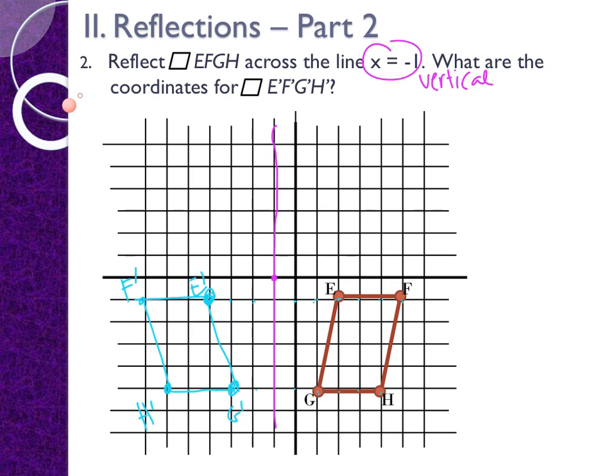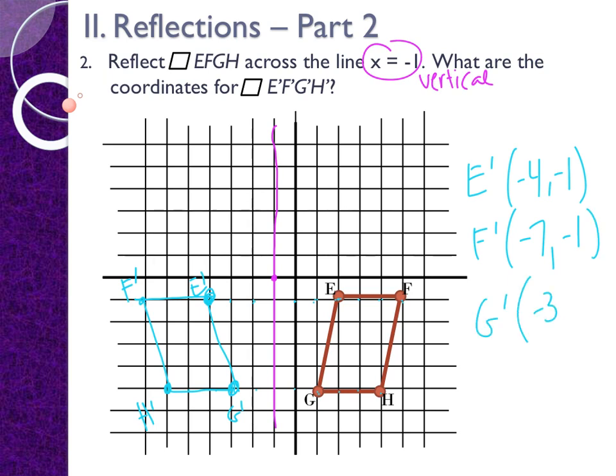Now write my new points. So E prime is -4, -1. F prime is -7, -1. G prime, -3, -5.